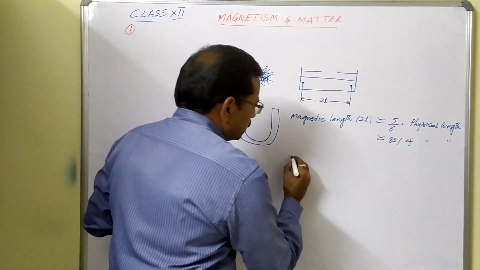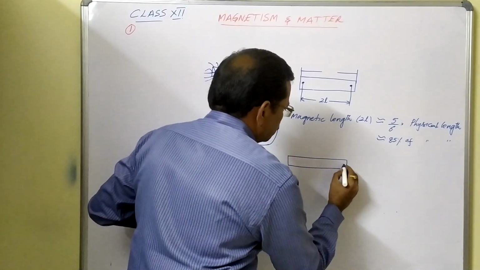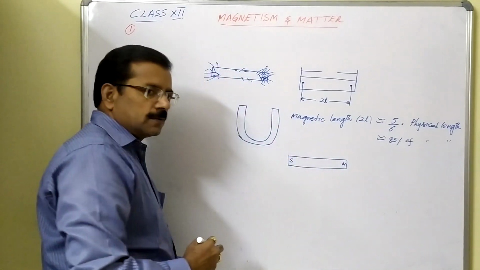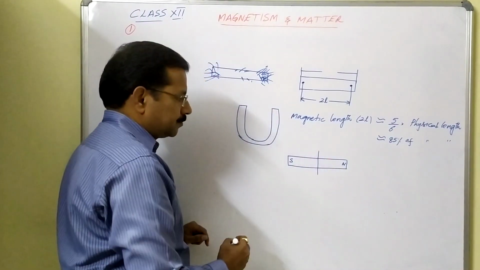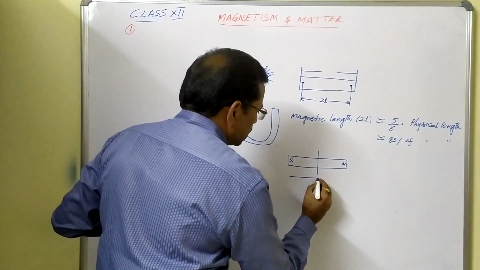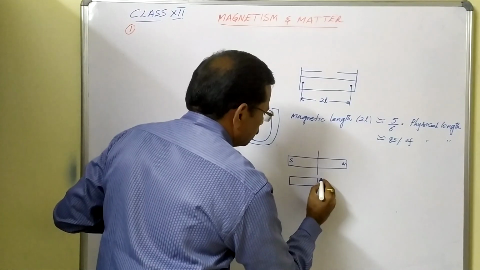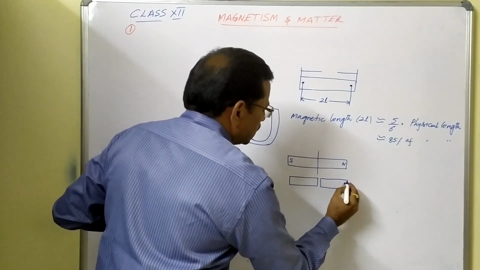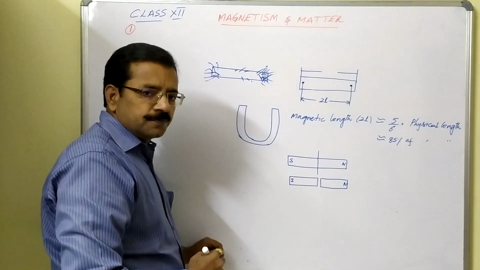Next, let this be a bar magnet. Say one end is the north pole, the other end is the south pole. If you cut this into two parts, either unequally or equally, that doesn't matter, then this end continues to act like a north pole and this end acts as a south pole.